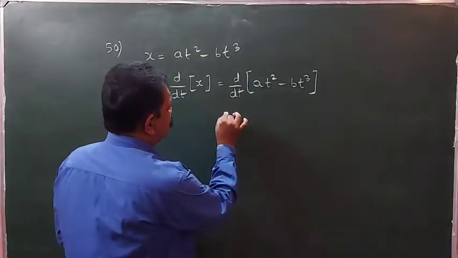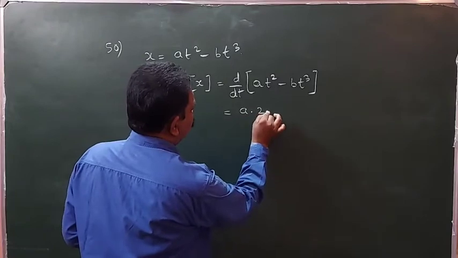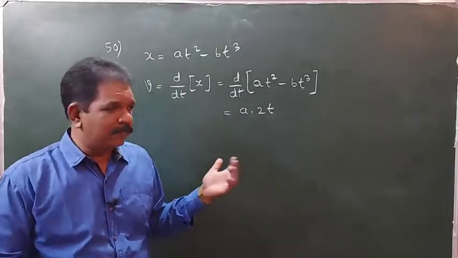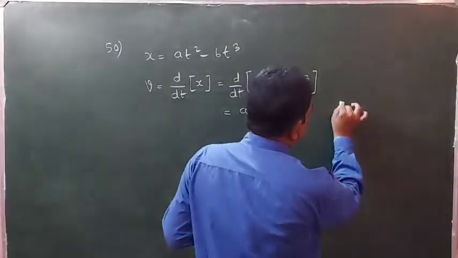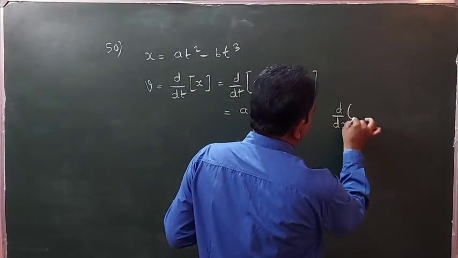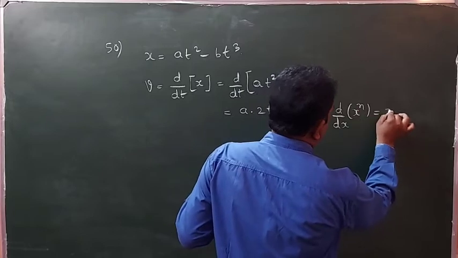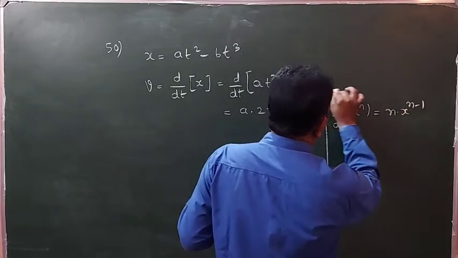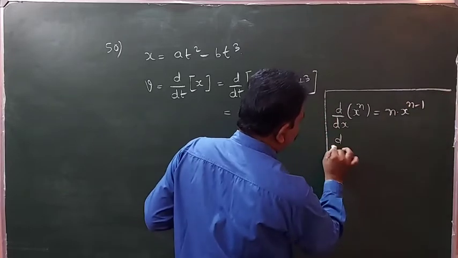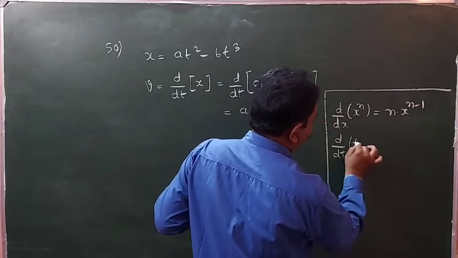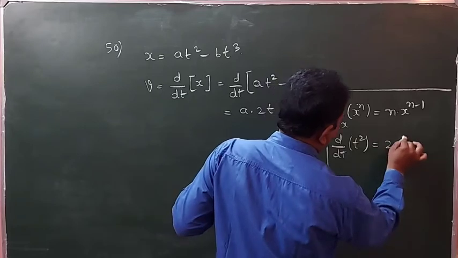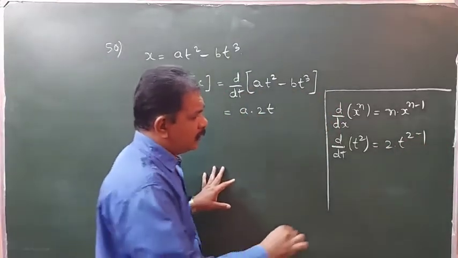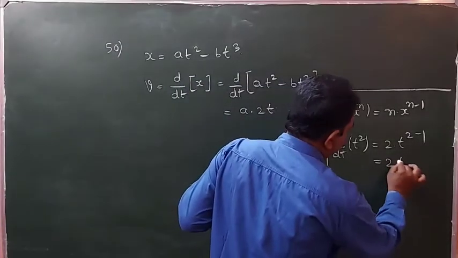So this will be a into the differentiation of t square, which is 2t. What is the formula? d by dx of x power n is equal to n into x power n minus 1. So d by dt of t square is 2 into t power 2 minus 1. This value is equal to 2t.